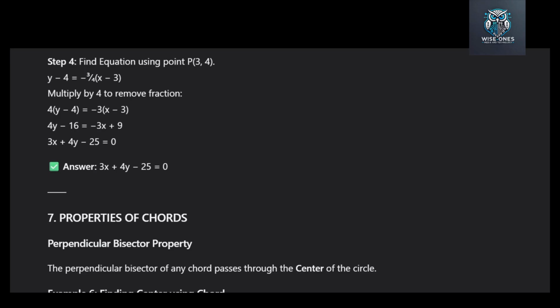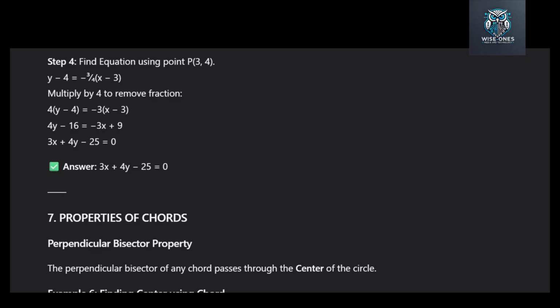Add 3x to both sides. Subtract 9 from both sides. 3x plus 4y minus 16 minus 9 equals 0. Minus 16 minus 9 is minus 25. So 3x plus 4y minus 25 equals 0. Answer: 3x plus 4y minus 25 equals 0.